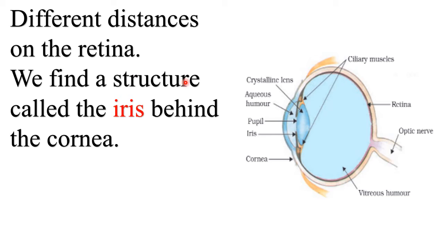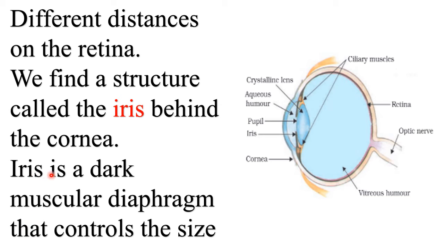We find a structure called the iris behind the cornea. Behind the cornea, we have a new structure in the human eye, that is the iris.